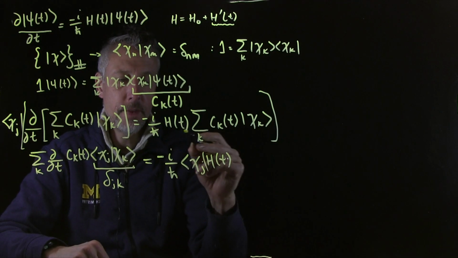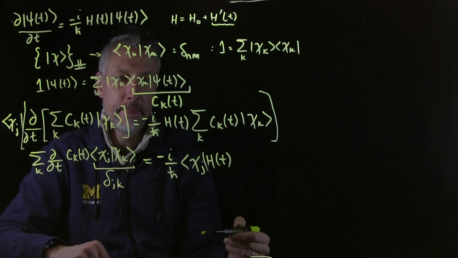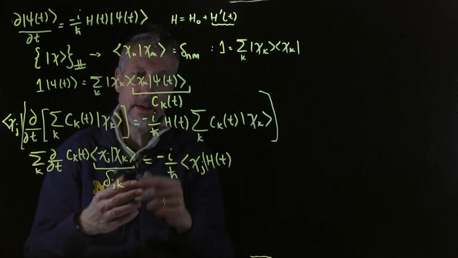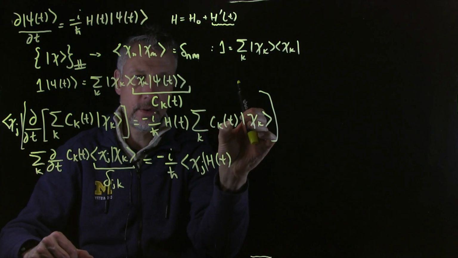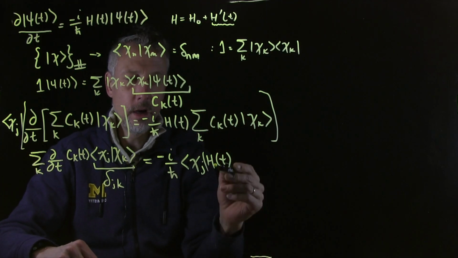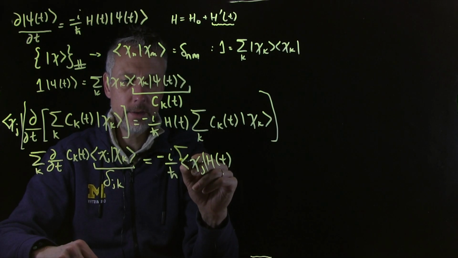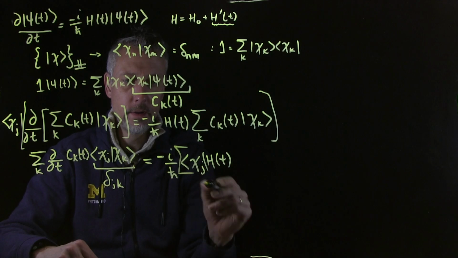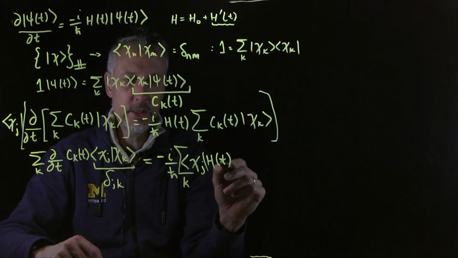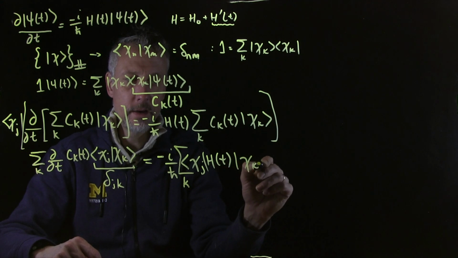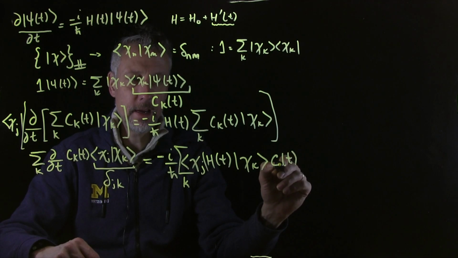Now, there's no reason that this has to stay outside of the sum. We can bring this in. It doesn't depend on k. So we can bring this all the way across. This can tetris all the way over to there as well. Let me bring it in this way. Well, these sigmas look horrible. There you go. So there's k. We have chi j, H, chi k, and then we'll have c_k of t over here.